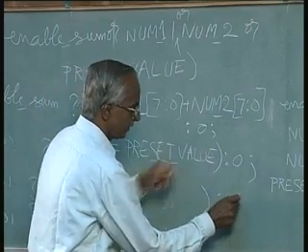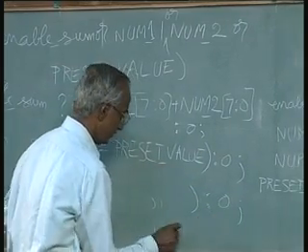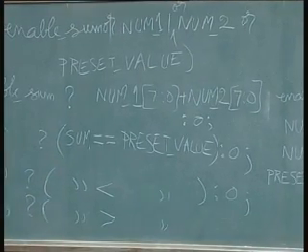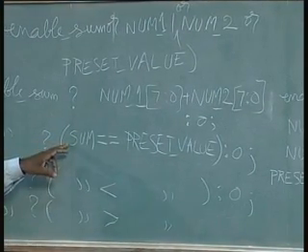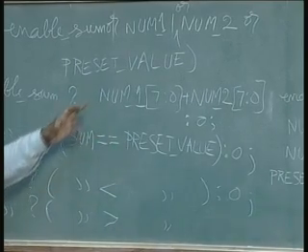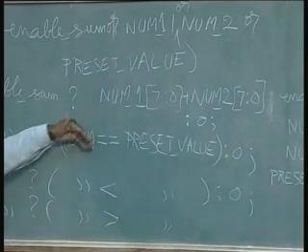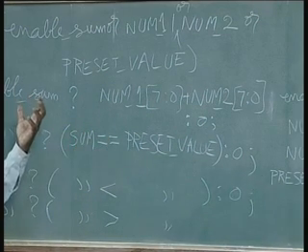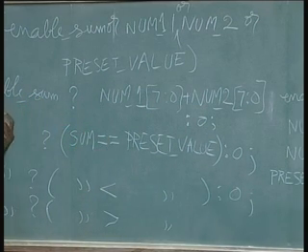And likewise we have a 0 if the condition is not satisfied. That is to say, as a further explanation, the sum is equal to the preset value, both of which are multi-precision width as such, and the value it returns is actually 1.